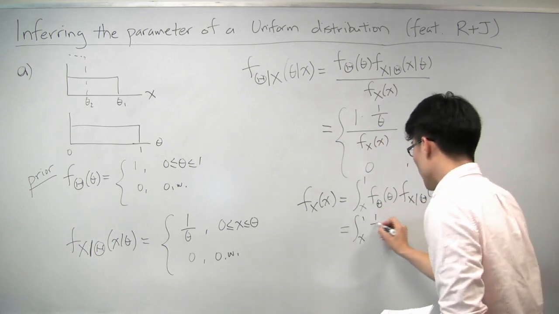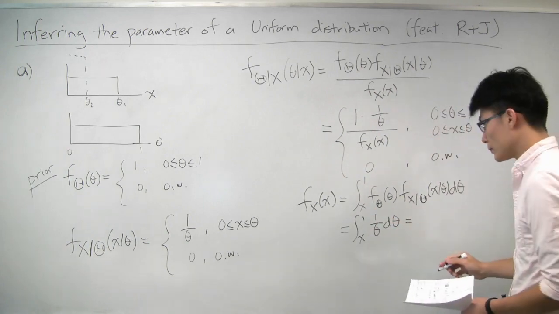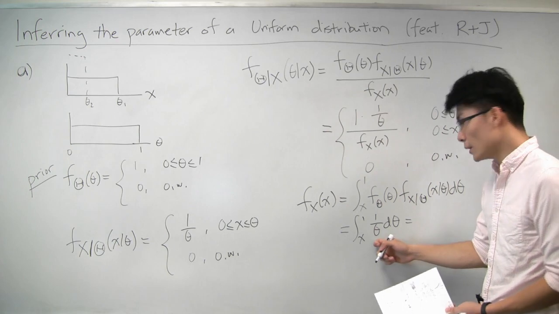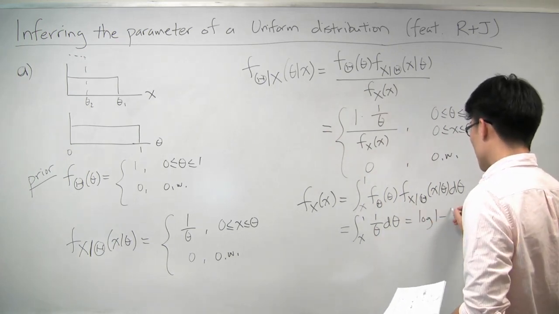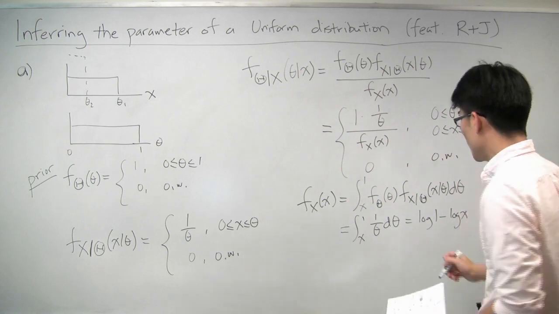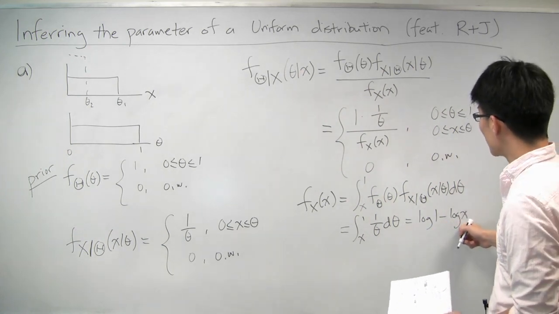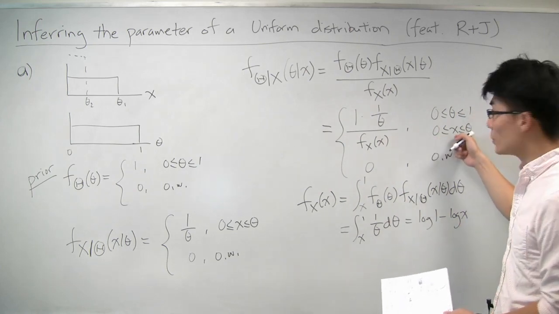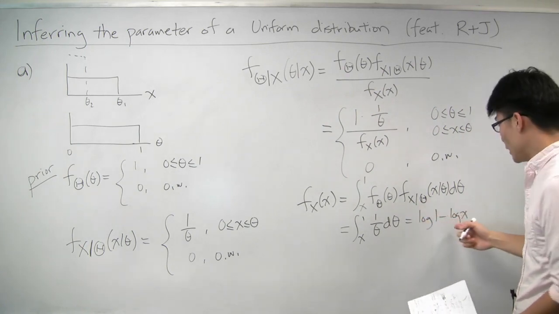So it's the integral of 1 over theta d theta from x to 1, which when you do it out, this is log of theta. So it's log of 1 minus log of x. Log of 1 is 0. X, remember, is between 0 and 1, since theta is less than 1. The log of something between 0 and 1 is negative.